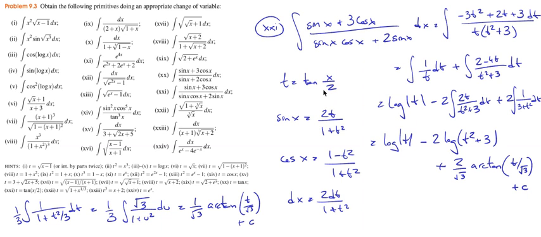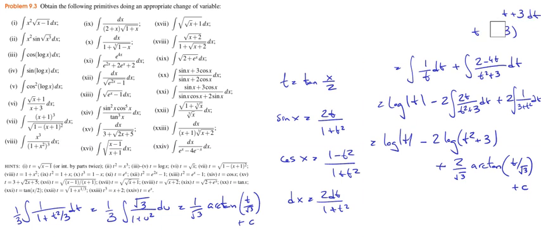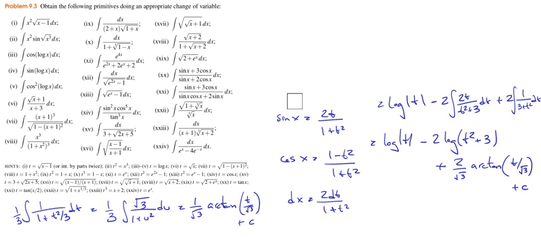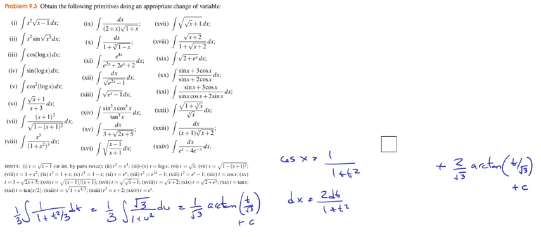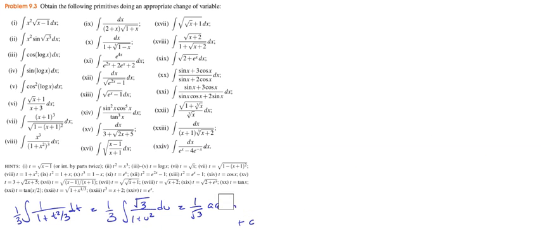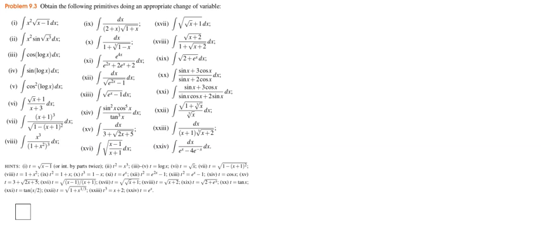So t is going to be the tangent of x over 2, the tangent squared of x over 2 plus 3, and this is the tangent of x over 2 over the square root of 3. Okay, so you can see how this kind of primitives are a pain to do, but with this change of variable, you can always get them right. It's going to be longer sometimes, but it's always doable.